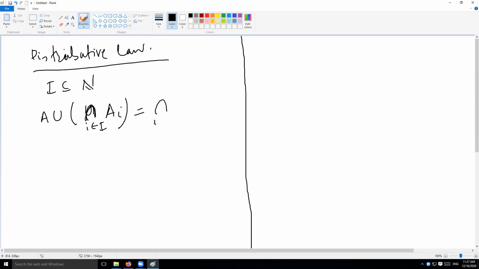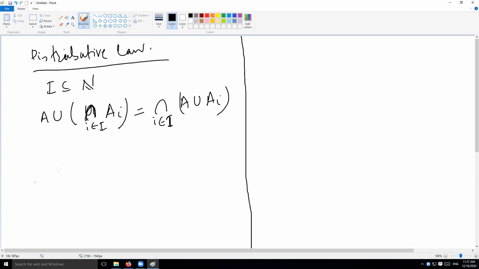Intersection, the intersection will be with union, exactly: the intersection of I belongs to I, A union AI. Right? This is really the most generalized version of the distributive law with respect to union. Does this make sense?